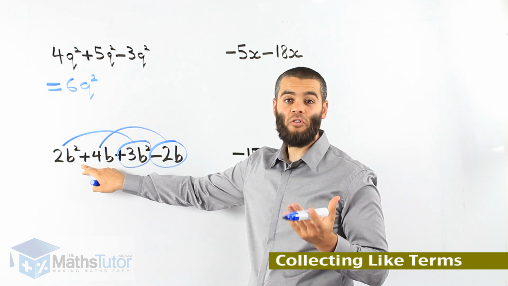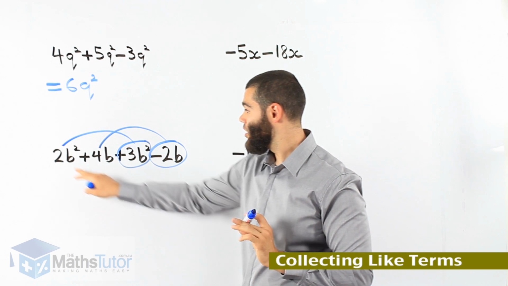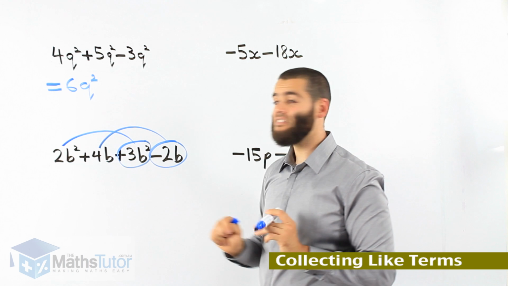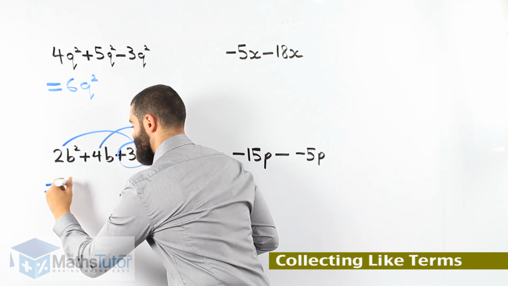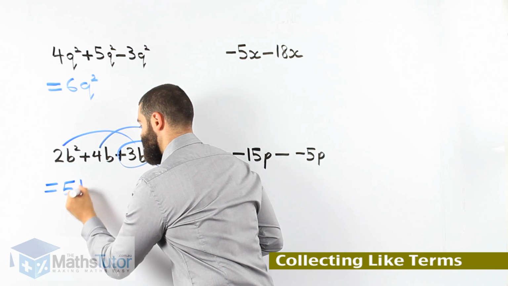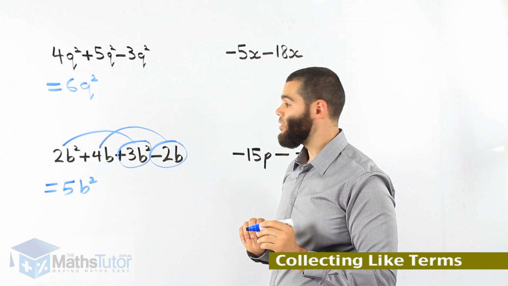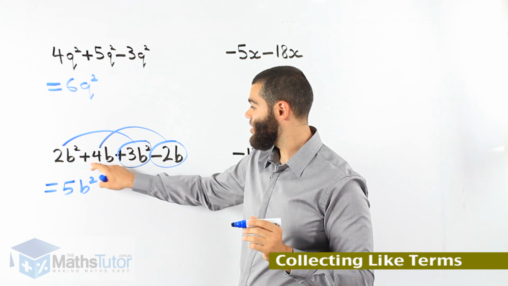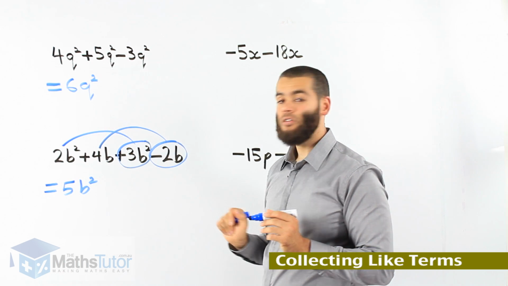That plus belongs to the 4. Very important rule, we've covered it before. So 2b squared plus 3b squared, 5b squared.